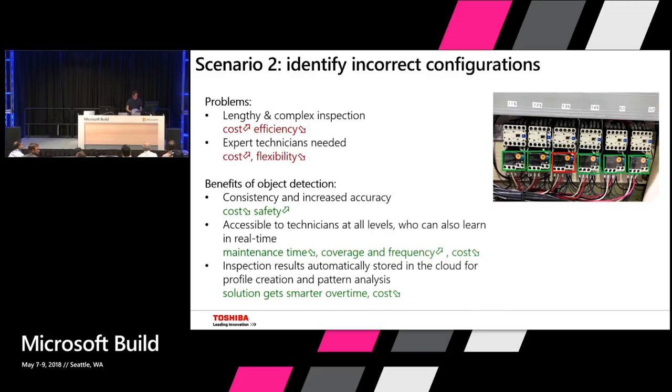You also saw another application that allows any field technician to do complex operations on electrical panels. By increasing the reliability of inspections, our customer can minimize the risk of total equipment failure and save the cost of downtime.